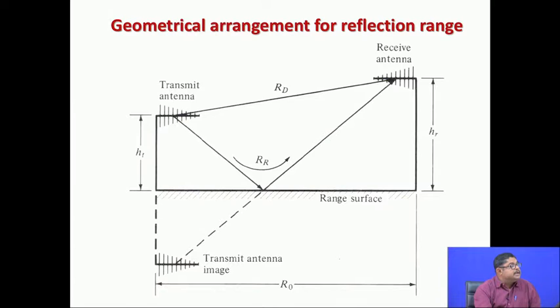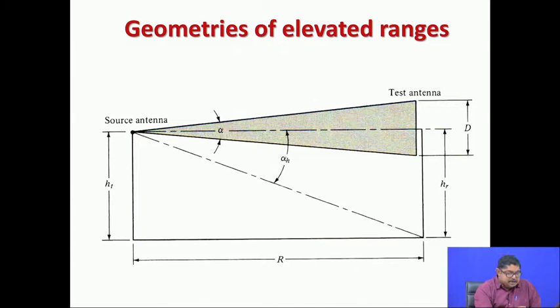Now, there is another type of ranges which are called free space ranges. In free space ranges you assume that plane waves are coming. One option is elevated ranges like this, where you see the source antenna and test antenna, and in between there should not be any obstruction.